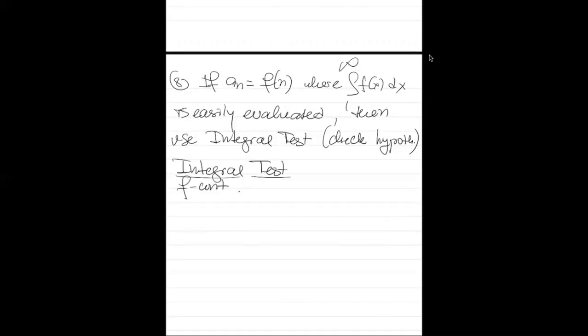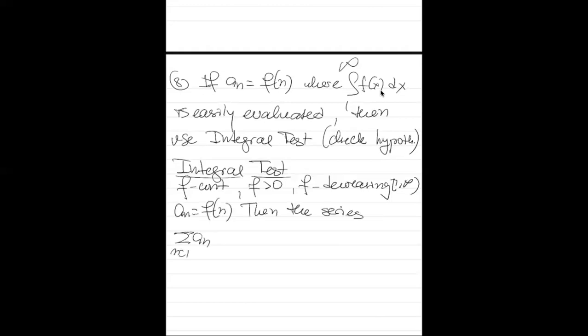And you have this correspondence, the nth term is a function, then the series sigma a sub n from 1 to infinity is convergent if and only if the integral is convergent. In other words, if you can evaluate it and get a finite number, it's convergent. If that integral is infinity or does not exist, then it's divergent.